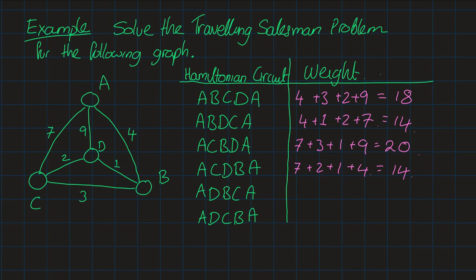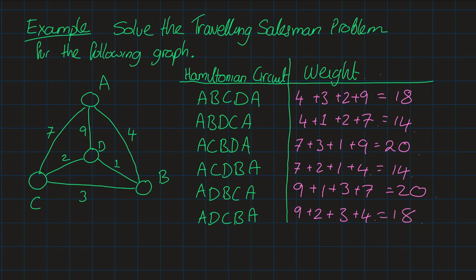Next one is A, D, B, C, A, which is 9 plus 1 plus 3 plus 7, which is 20. And finally, A, D, C, B, A. This is 9 plus 2 plus 3 plus 4, which is 11 plus 3 is 14 plus 4 is 18.